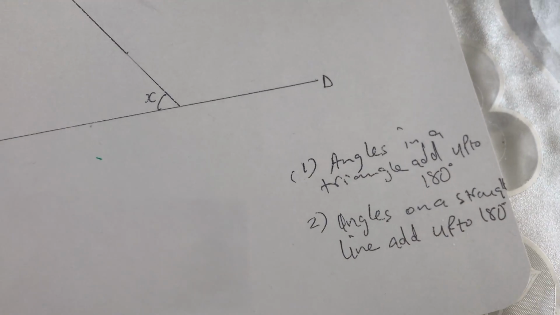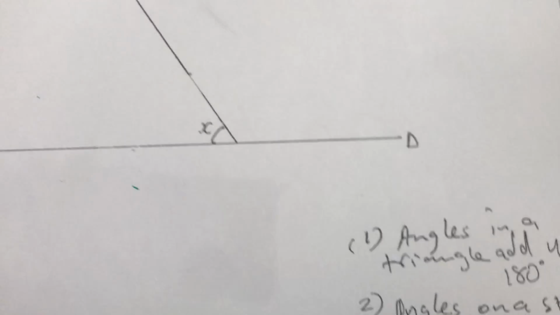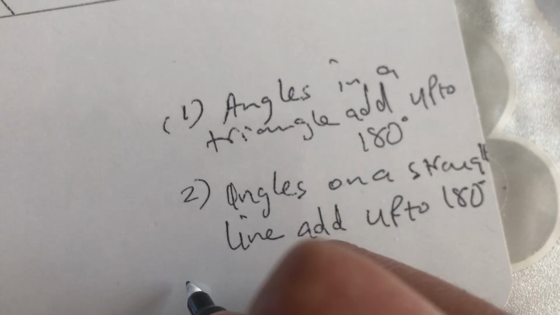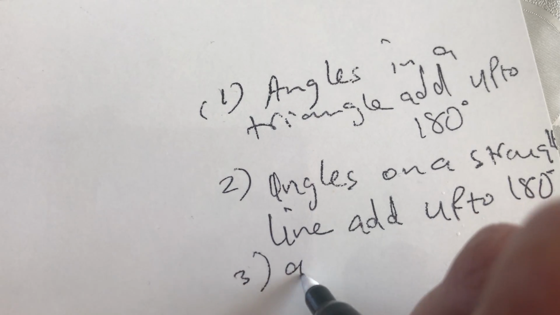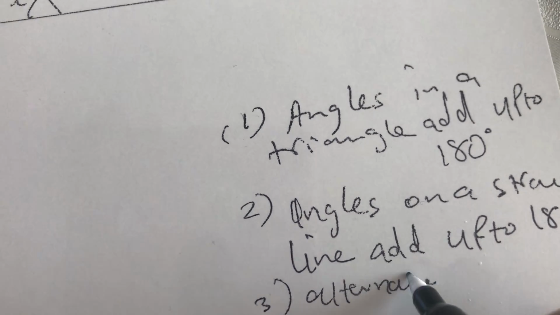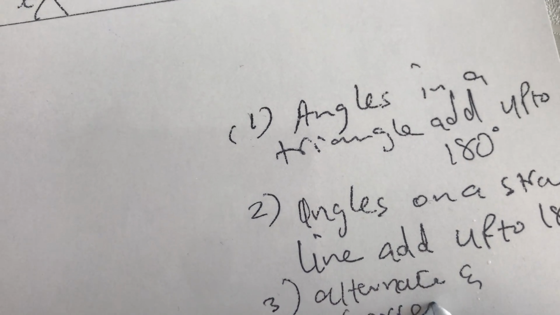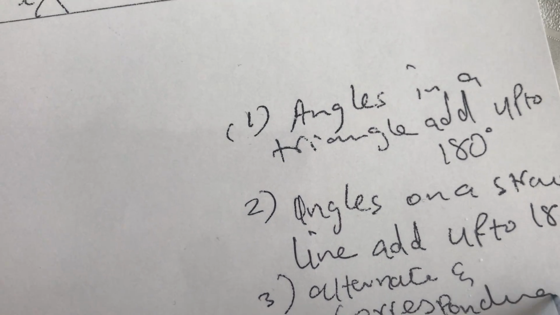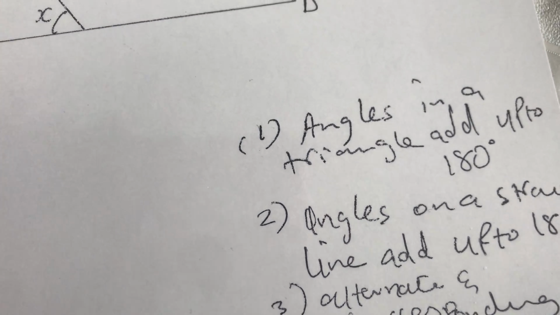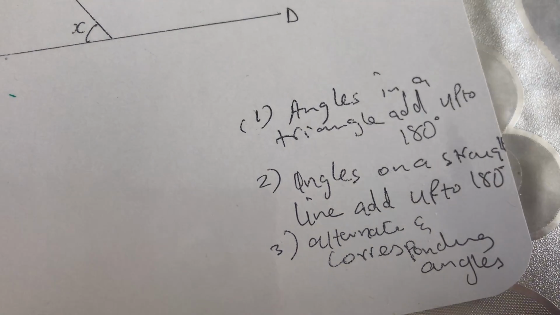What else do I know? Because there's two parallel lines, I know something about alternate and corresponding angles. What else? There's so many things.